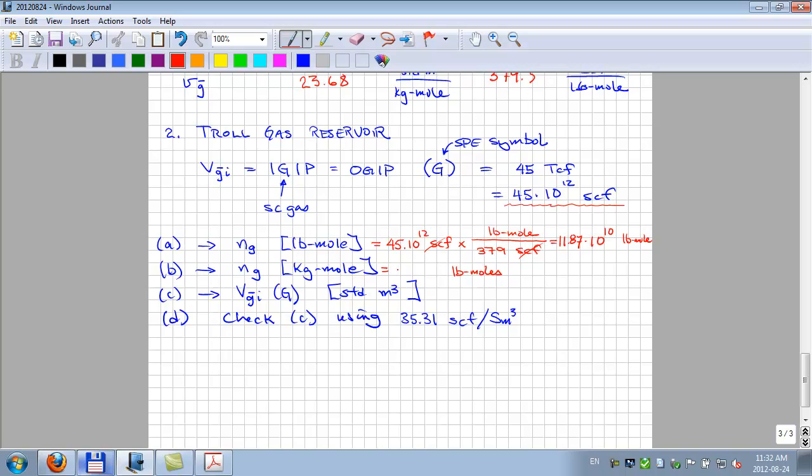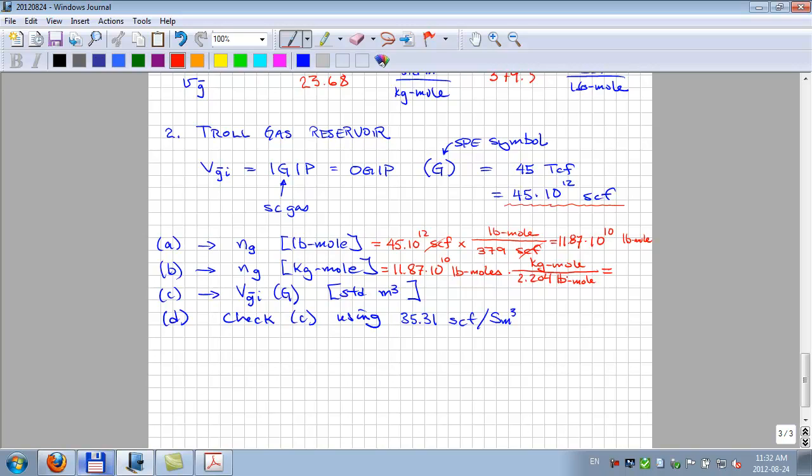And to get kilogram moles, we're going to do it this way. We've got a conversion factor that we already know, which is 2.204 pounds per kilogram, right? That's a number we've already talked about. So I'm going to say 2.204 pounds, and if we write pound or pound mole, it doesn't matter, per kilogram or kilogram mole.